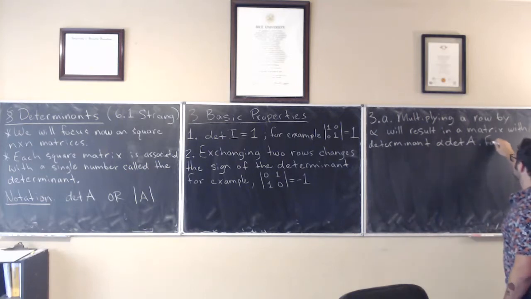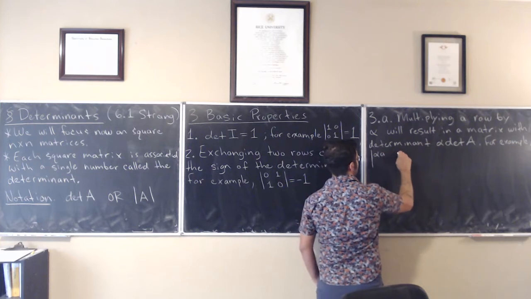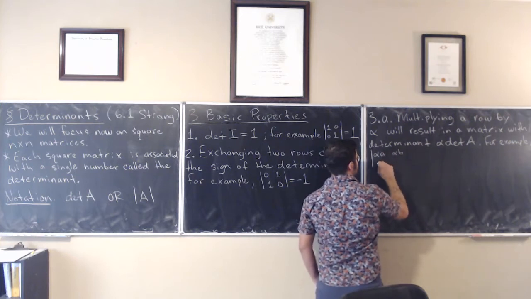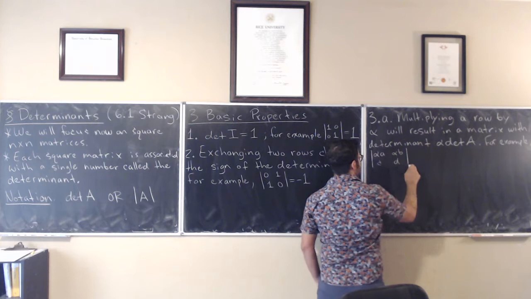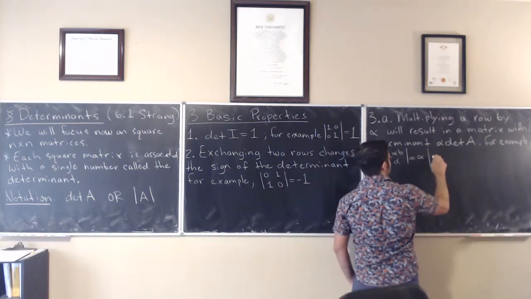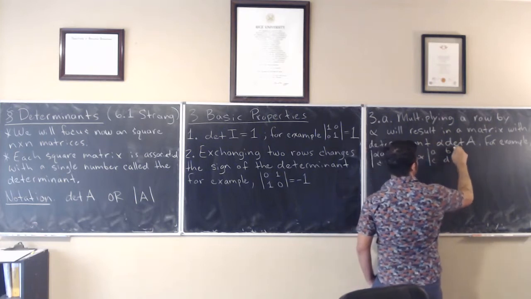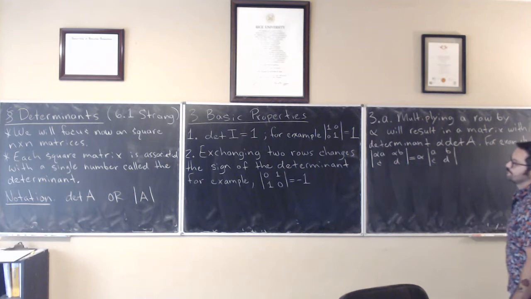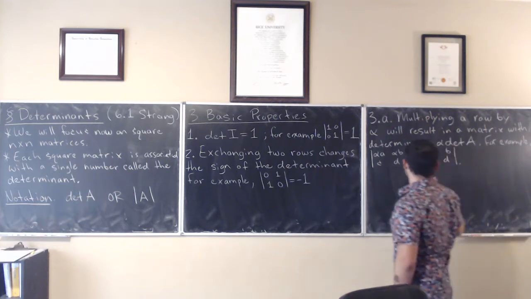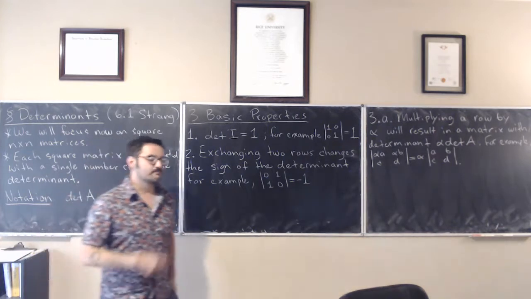So, for example, the matrix with rows alpha A, alpha B, and C, D has determinant equal to alpha times the determinant of the matrix A, B, C, D. Okay. Only one row. One row at a time.